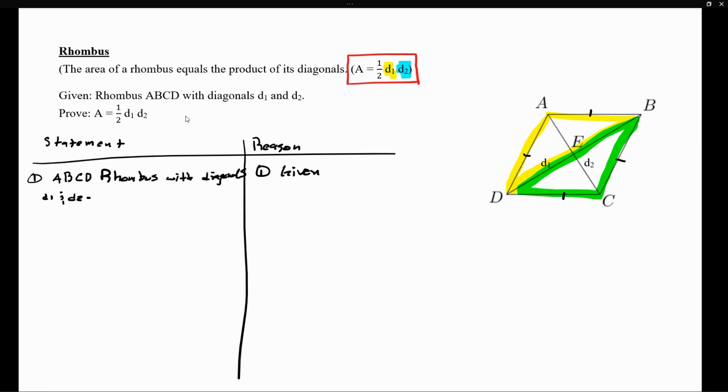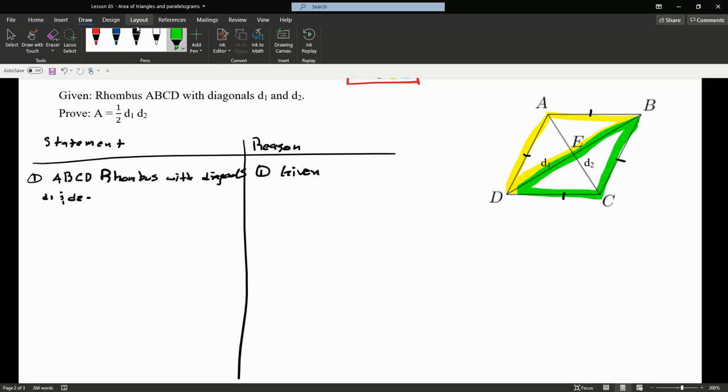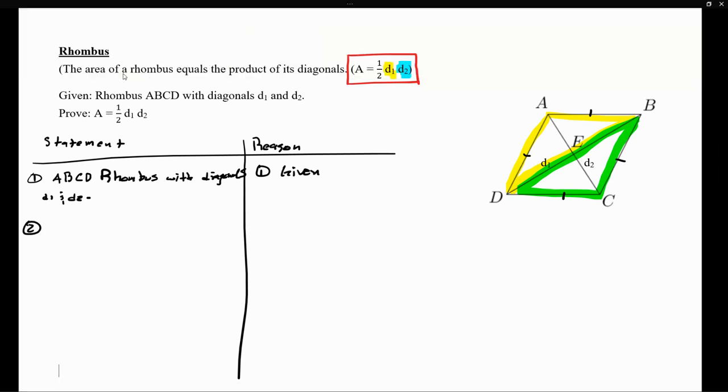We're going to have side, side, side. So notice that we have two congruent triangles now. Now I can say that triangle ADB is congruent to triangle CDB, and the reason is the side-side-side congruence theorem.